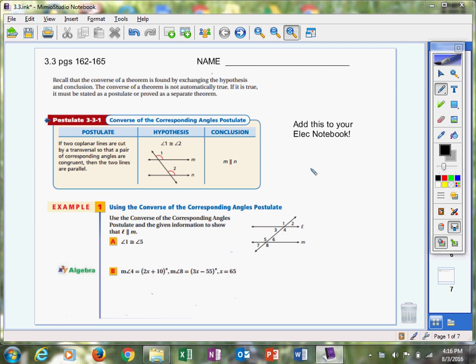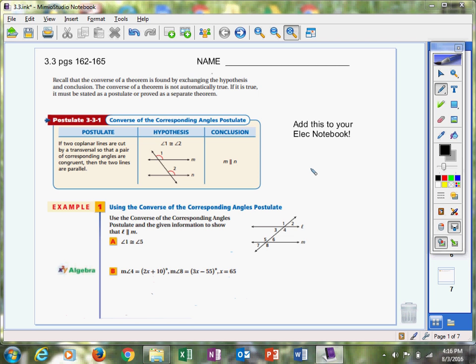And basically what it is, it's the converse of the corresponding angles postulate. So if you remember from our previous lesson about corresponding angles, we said if you have two lines that are parallel, then their corresponding angles are equal or congruent. And so now we're going to do the converse. Remember, converse is flipping the hypothesis with the conclusion.